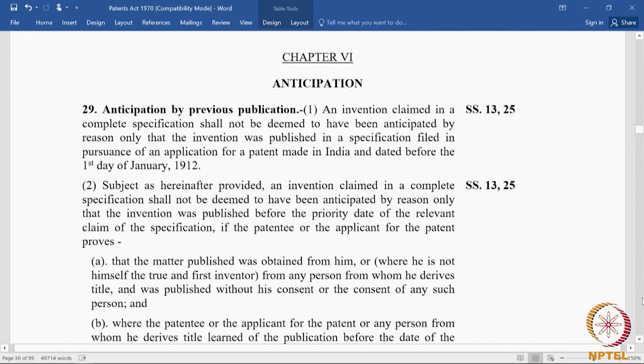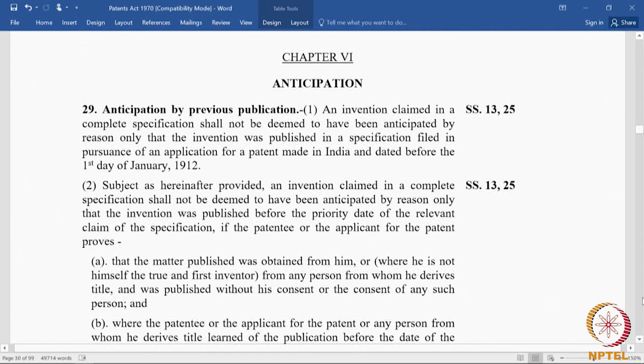The 1911 Act was the act that preceded the 1970 Act. The 1911 Act was called the Indian Patents and Designs Act 1911, and it came into effect on 1st January 1912. So, the Indian Patent Office has been receiving applications since 1912.